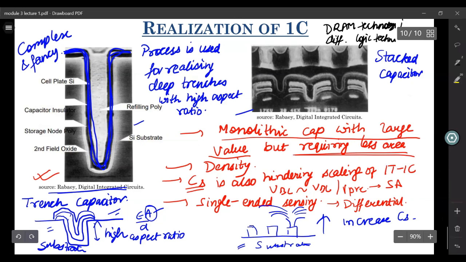This is the reason. You have capacitors realized in the form of trenches. This is something which is not available in your logic technology, because in logic circuitries, you have to work with very small capacitances, which you can realize using MOSFET, MIM caps, or anything. But in DRAMs, you have different kinds of technologies that you need in order to realize a good DRAM. So with this, I would like to conclude this session.